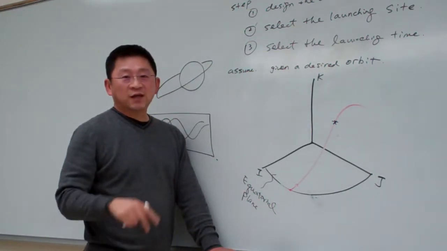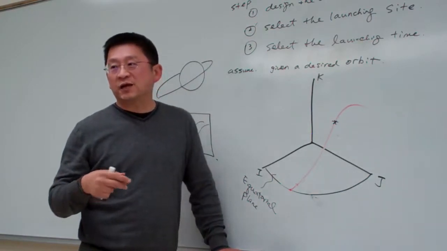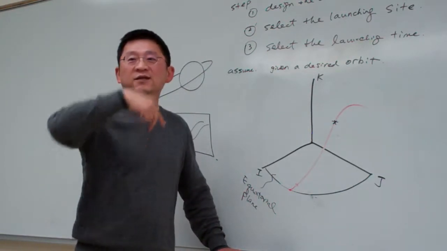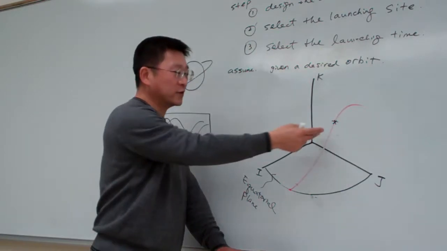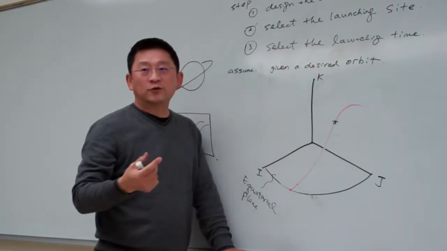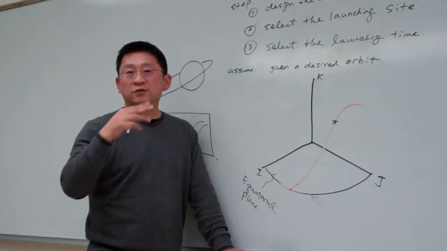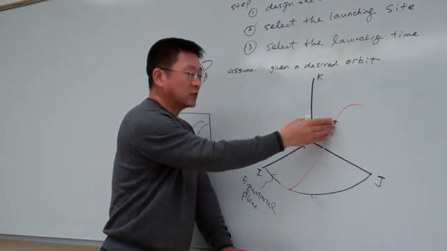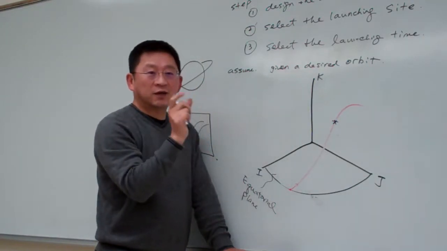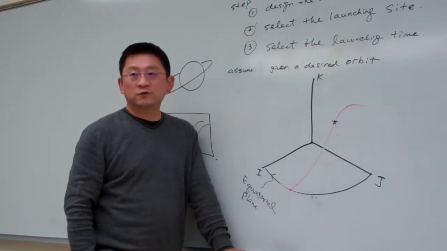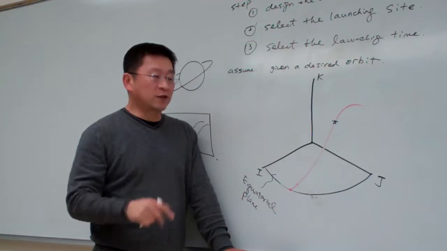And assuming the launch takes no time, say 1 second, the satellite will be up there. But usually launching takes about 6 to 10 minutes. So during the flight, the orbit has drifted a little bit, but that's okay, a little drifting won't take too much fuel. But here we talk about the concept.